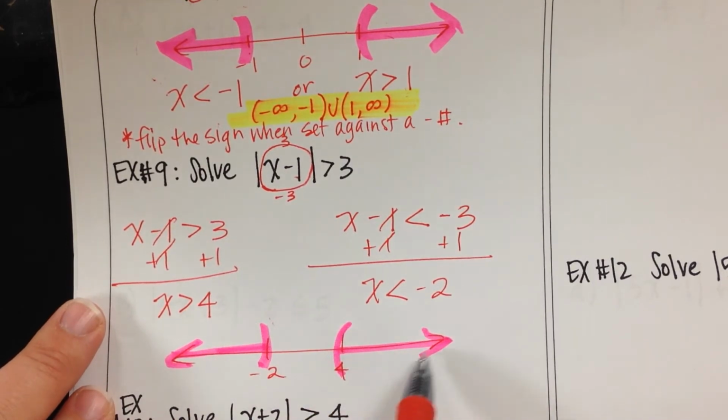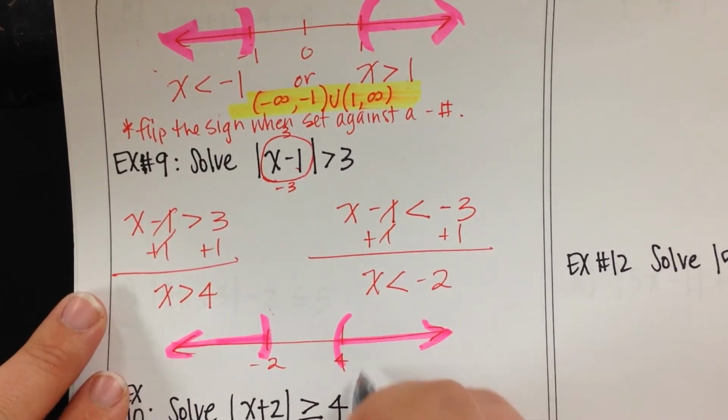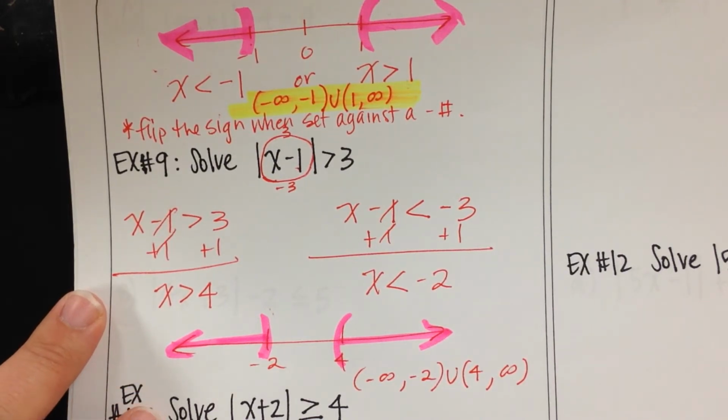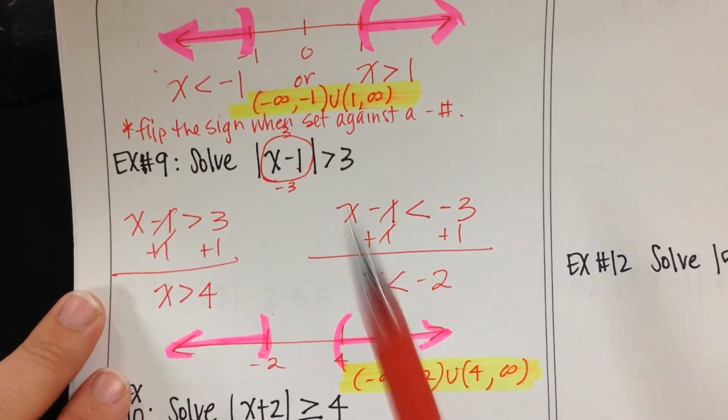So if this is a disjunction, how do we write it in interval notation? Negative infinity, negative 2, and then union, and then 4, infinity. Perfect. Like I said, that's the nice thing about this section, guys, is that it's either going to be a union or a conjunction, or a disjunction and a conjunction. You should basically see those 2 graphs.